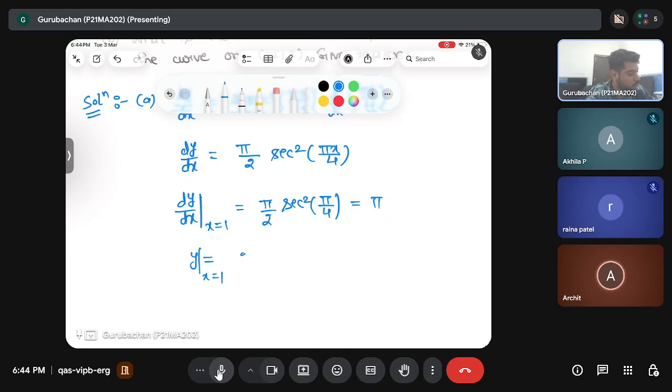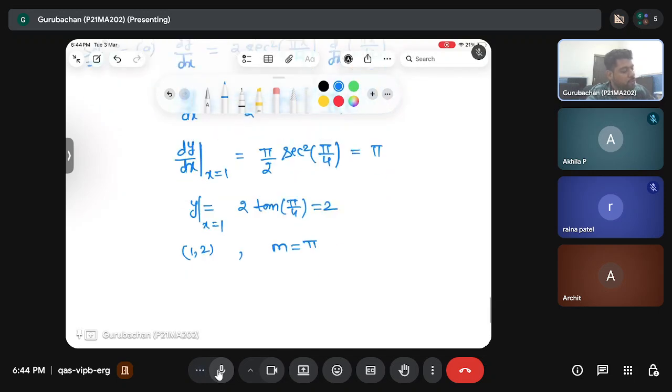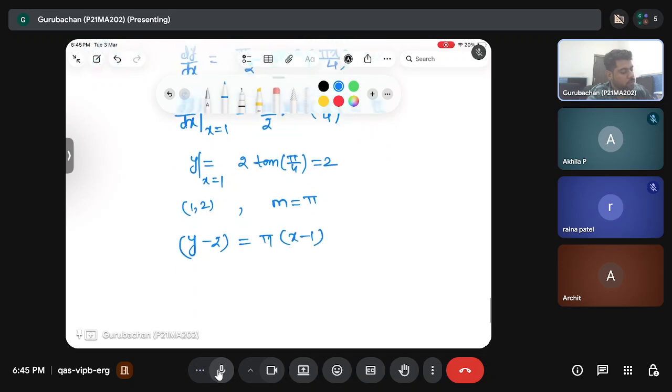Sir, 2 times tan of pi by 4, that is 2. So you know the point 1 comma 2, you know the slope of line m equal to pi. So what is the equation of line? This will be y minus 2 equals the slope of line into x minus 1. So this will give you pi x minus pi plus 2.